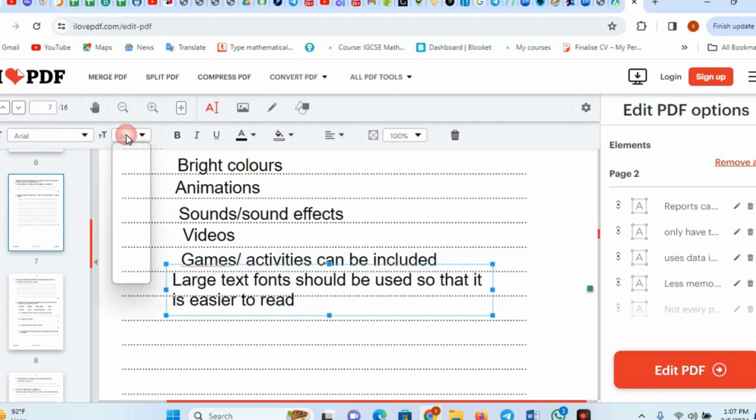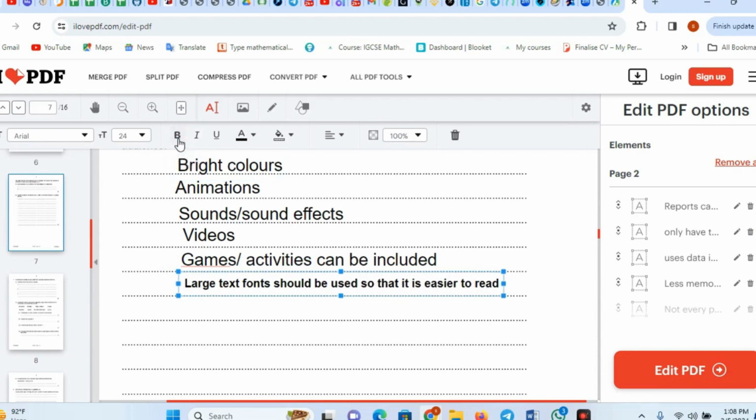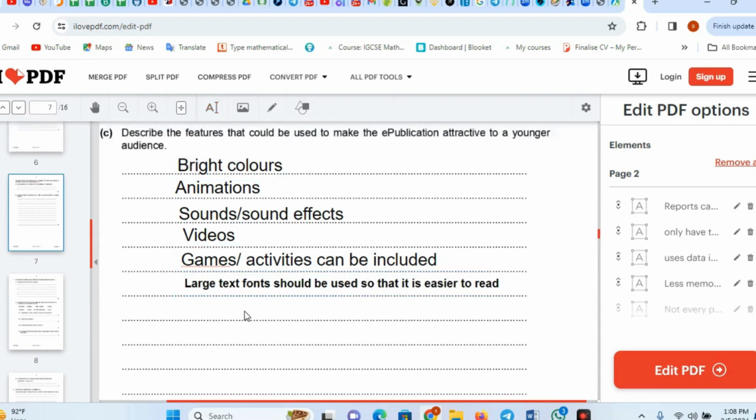So also, should we make the text of an e-publication so that the younger audience will be able to see whatever has been written in your publication. Do we get that? All right.